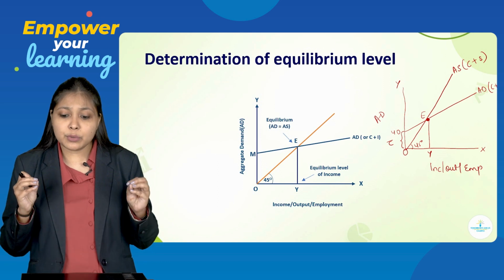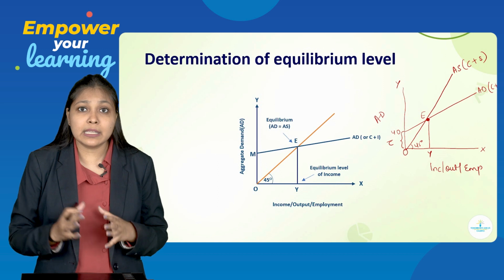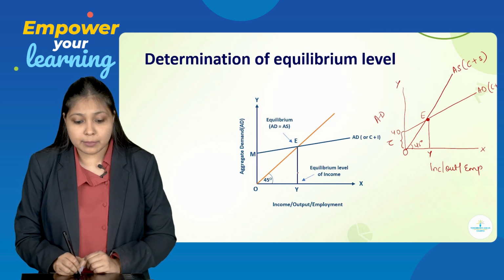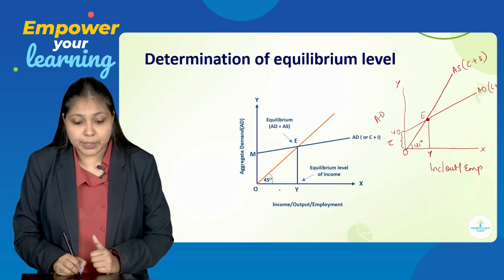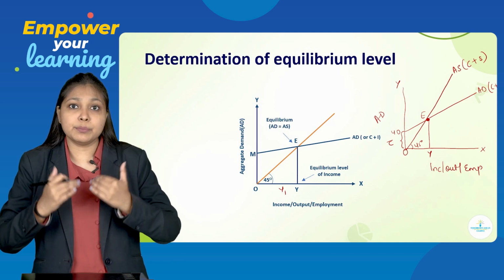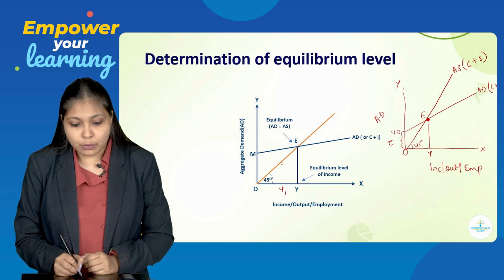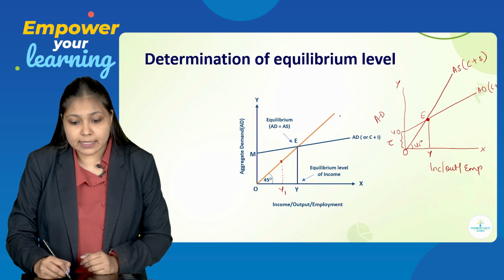Okay. Now, if you see very carefully, what will happen if I want to take the equilibrium point from Y1? If I say that I want to draw a line from Y1, if I go up from Y1, the first point which is intersecting is of AS.